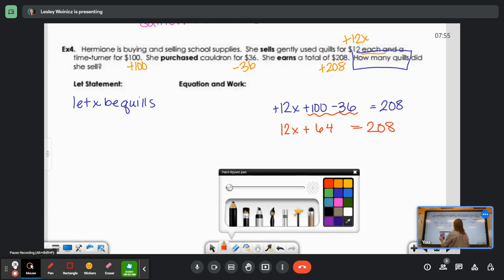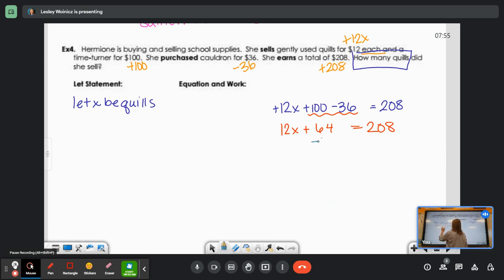Now we can subtract 64 from both sides using our subtraction property of equality. These cancel, and I get 12x equals, 8 minus 4 is 4, 20 minus 6 is 14, 144, a gross. So we divide both sides by 12, and we get x equals 12.